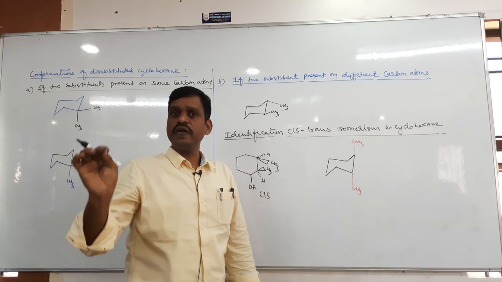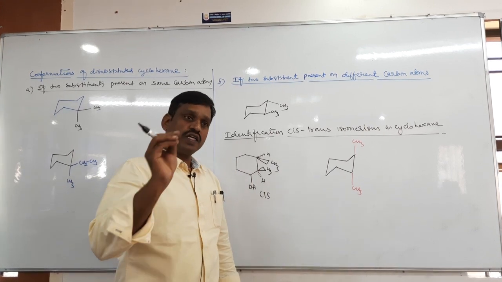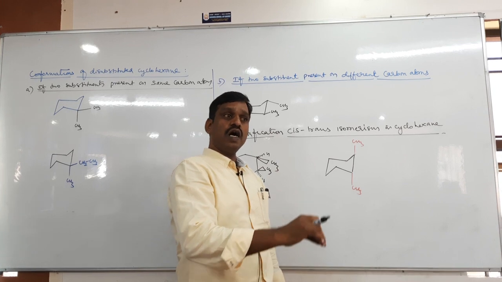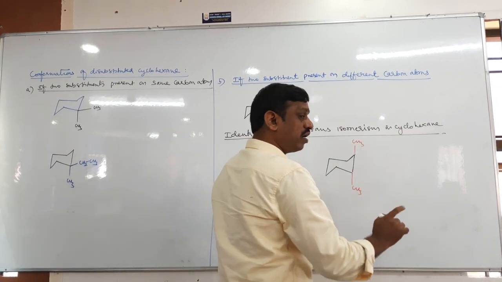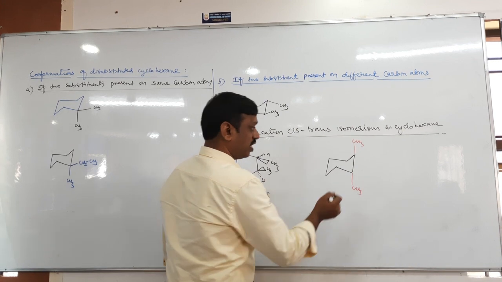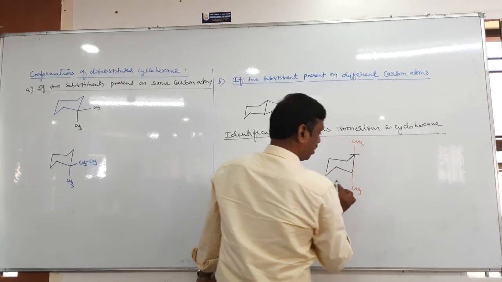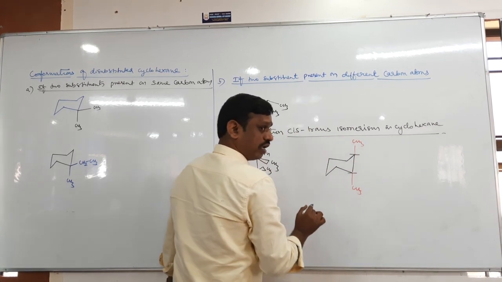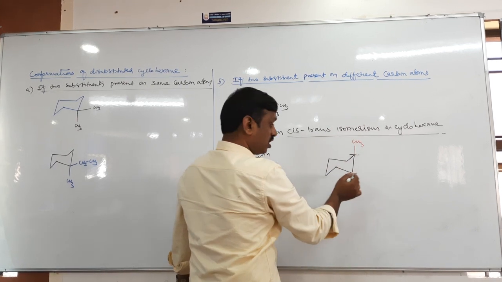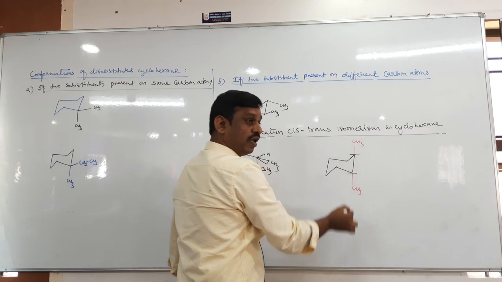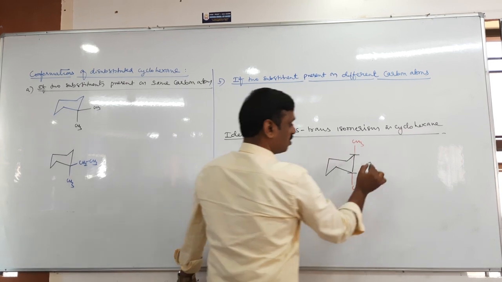Cis trans is completely based on whether identical groups are on the same side or opposite side. You take the plane. This methyl is above the plane, this methyl is below the plane, so this is a trans.